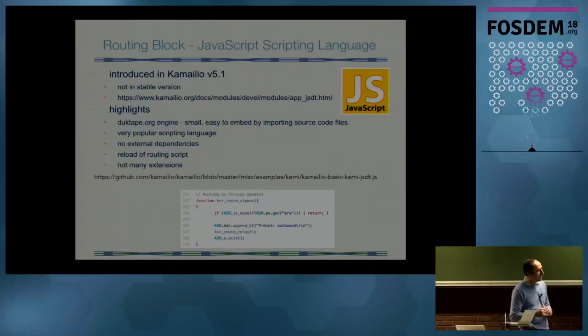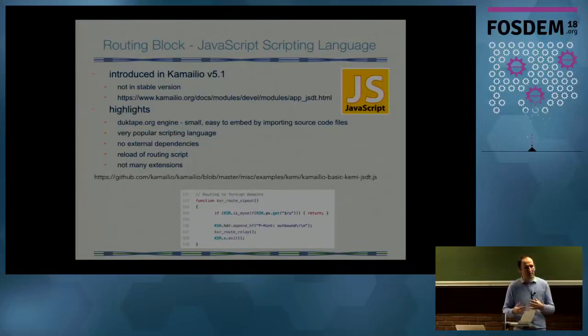It's called Duktape. It's available on GitHub. It doesn't have many external libraries that you can use, but still fairly decent. It provides no dependency inside Kamailio because the Duktape project provides a single C file and include file that you can import, and they recommend using this one.